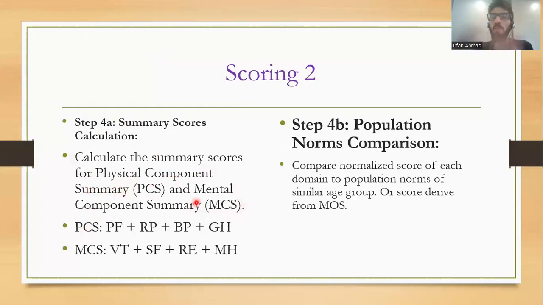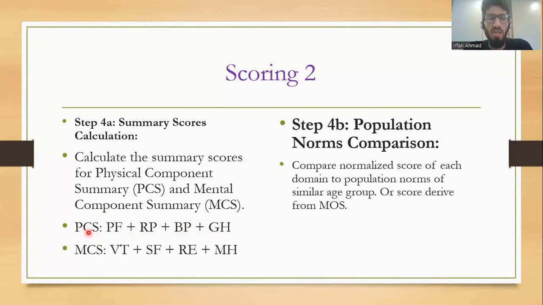For example, you give a patient an intervention which specifically addresses the physical component, like a physical type of treatment, and you want to see improvement in the physical component because of this intervention, and also you want to see if there is any placebo effect on the mental component. So you can do it like this. For the physical component summary, you have to sum the physical function, role physical, body pain, and general health.